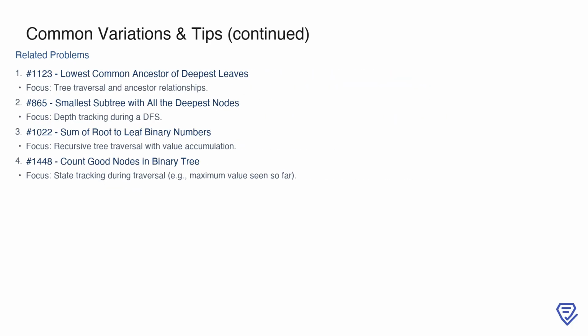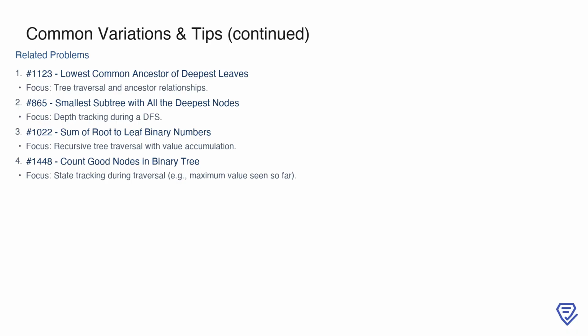This problem also connects to a number of related problems that you might encounter. For example, problem number 1123, lowest common ancestor of deepest leaves, focuses on tree traversal and ancestor relationships, making it a useful practice problem. Another is problem number 865, smallest subtree with all the deepest nodes, which involves tracking depth during a DFS.